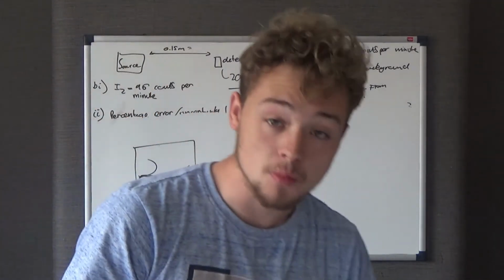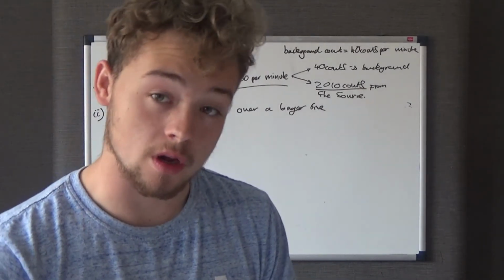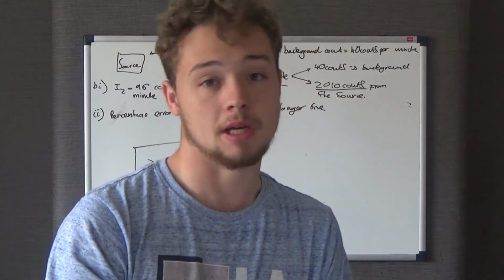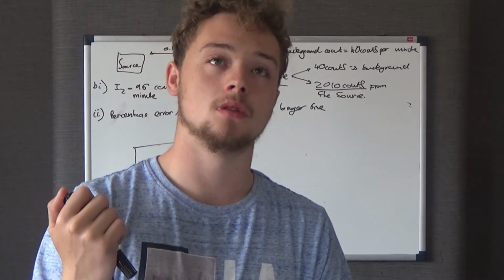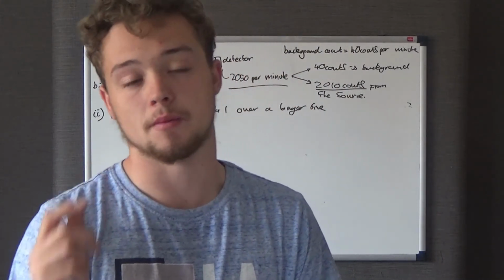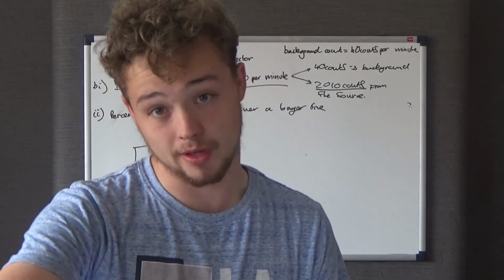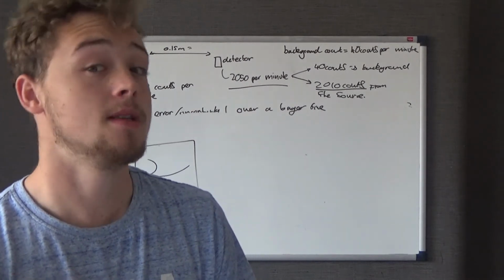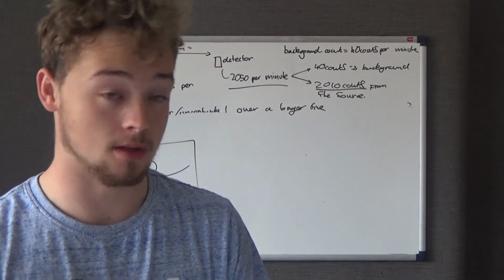So if it bends more, it's going to be a stronger radiation. So you think of your alpha, beta, gamma, go back to your radiation. So alpha's the most ionising, gamma's the least ionising, so therefore it's deflected the least. So you go through like that.